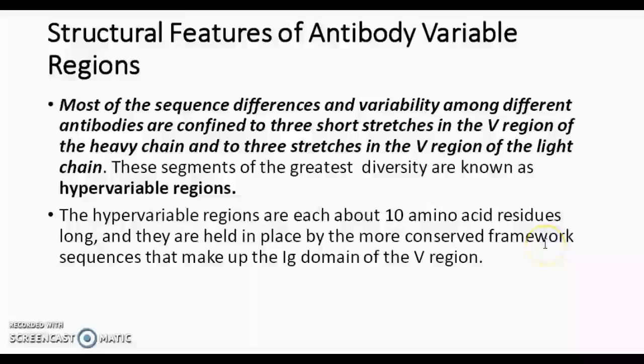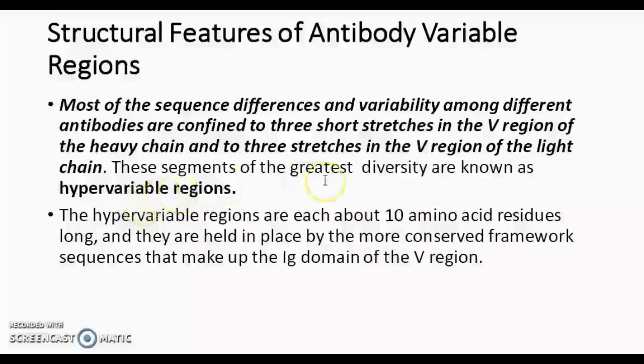Then we want to talk about the structural features of antibody variable regions. Most of the sequence difference and variability among different antibodies are confined to 3 short stretches in the V region of the heavy chain and 3 stretches in the V region of the light chain.